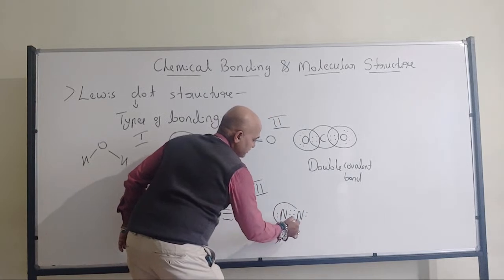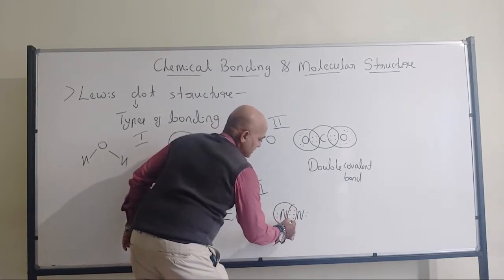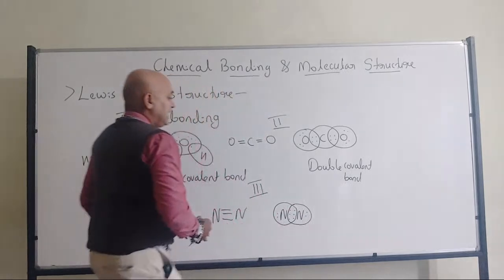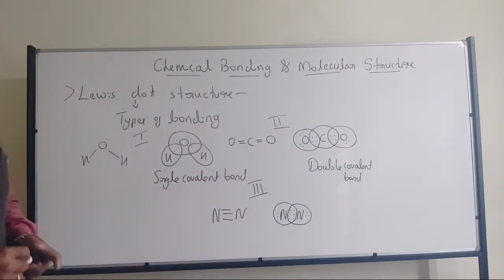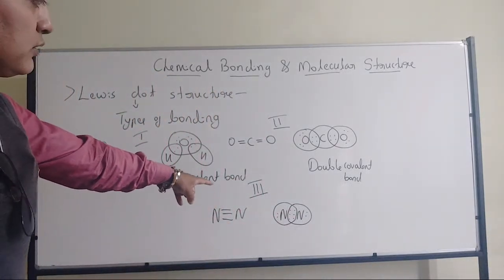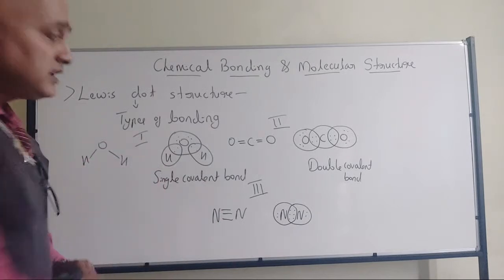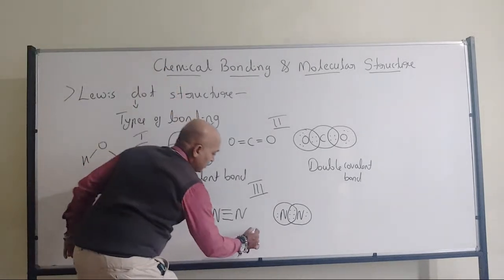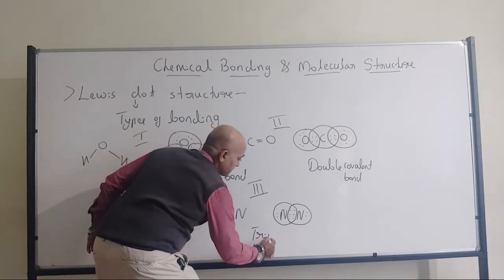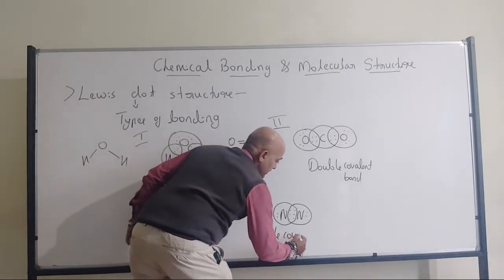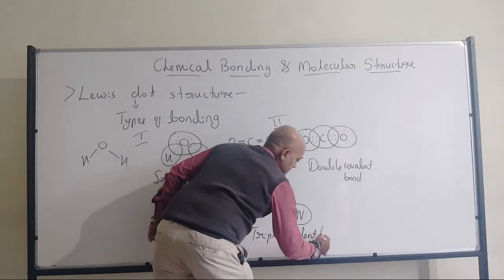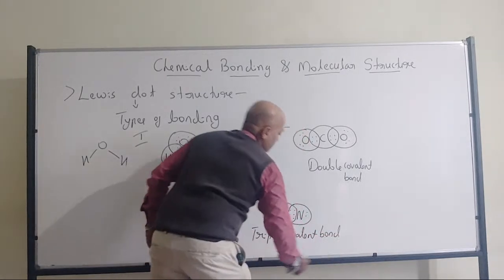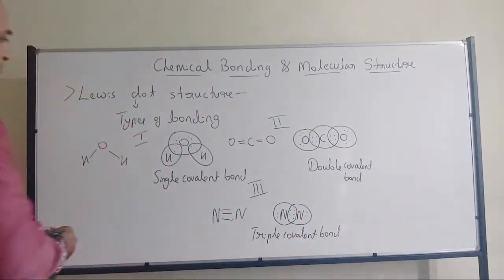So each will be having 8 electrons. So that's where we have the Lewis dot structure. So now here we can call it as triple covalent bond. Triple covalent bond or triple bond, that is fine.